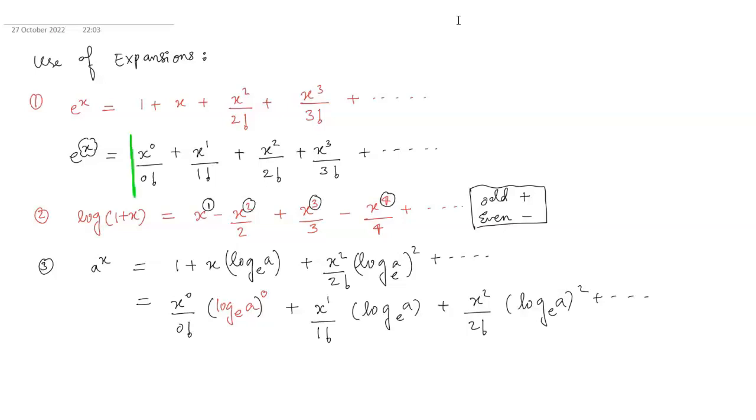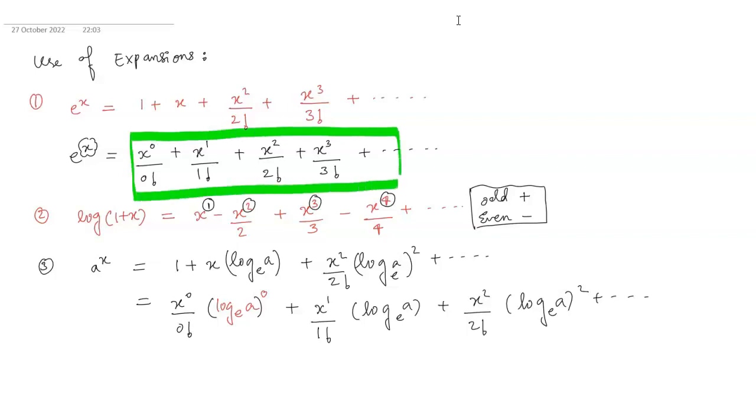Here you observe this expansion, because this correlation is the only way you have to go through so that you remember the expressions. Here you can observe this is the term which is extra, log a. Although power is 0 here, but in the next terms you can observe power is increasing from 0 to 1.